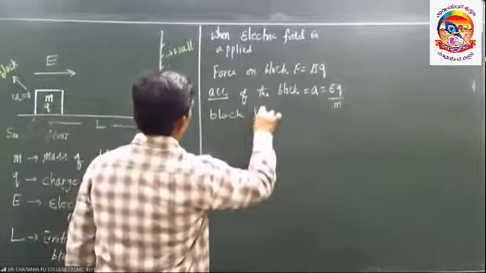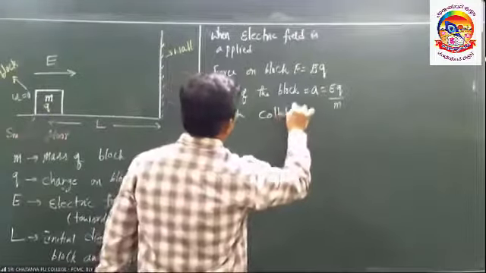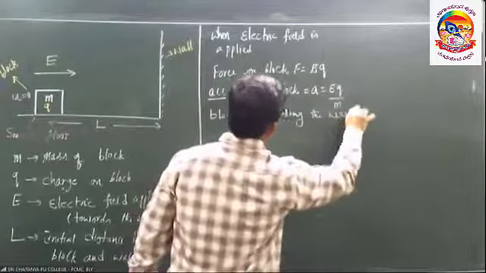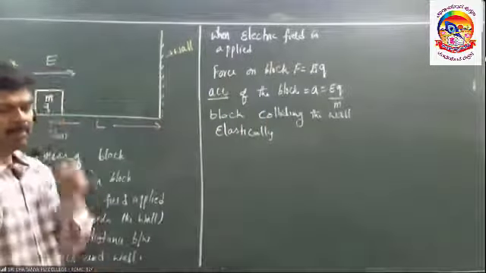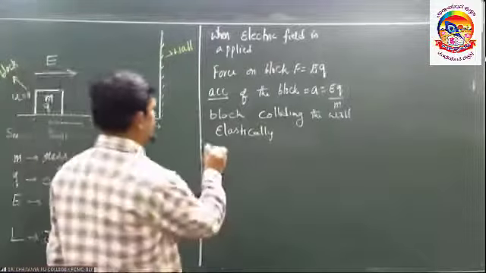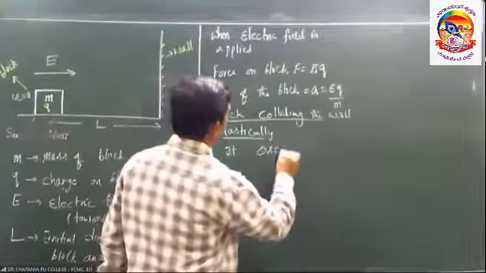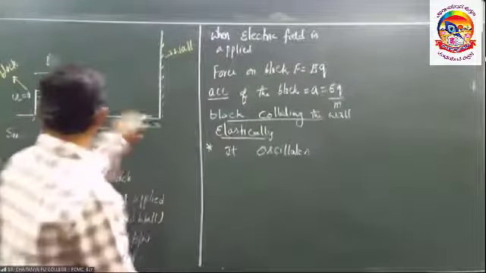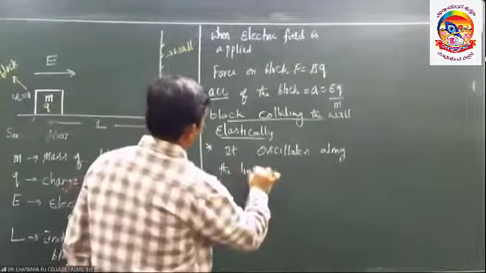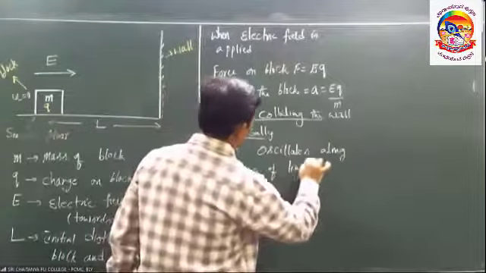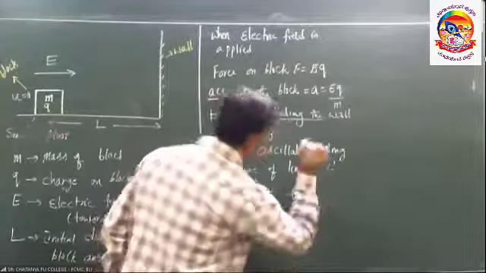The block collides with the wall elastically. The collision is pure elastic. Then the block oscillates along the line of length L on the smooth floor. This is the situation.